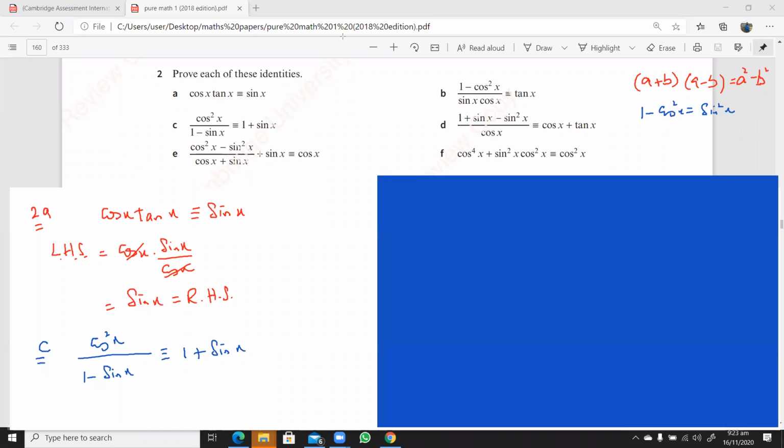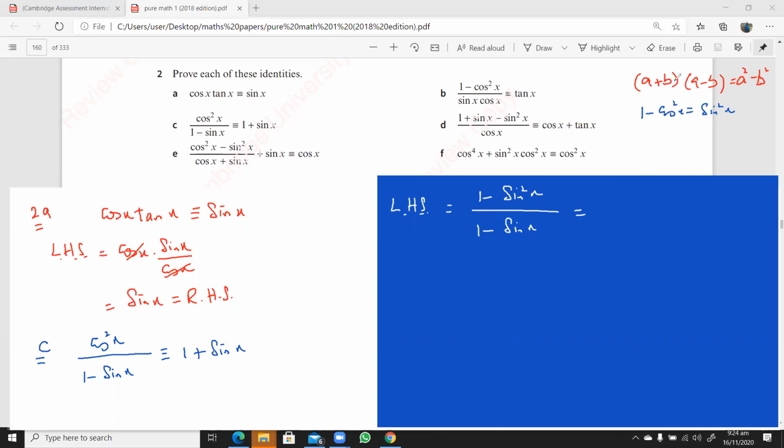Okay, so I'll be starting from the left hand side. Yes, cos square x. I'll first change this with 1 minus sin square x, and there is 1 minus sin x.